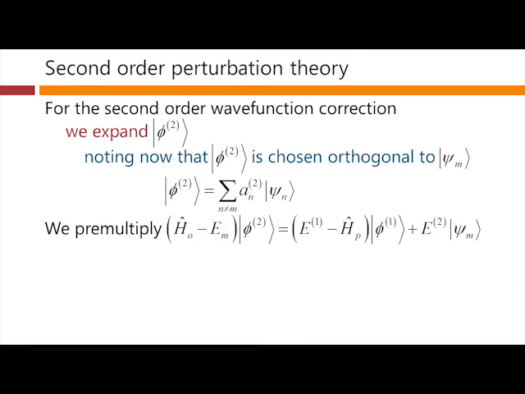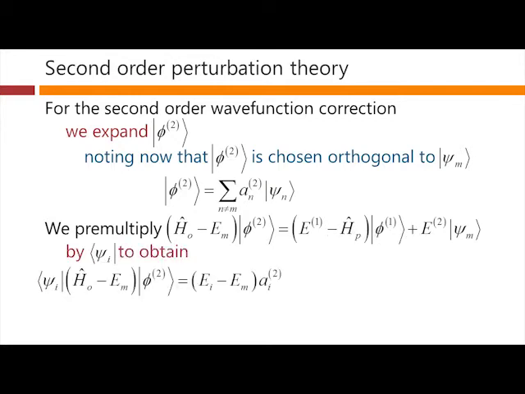Now we're going to pre-multiply our second order equation on both sides by psi I, to obtain on the left ⟨psi I| (H naught minus Em) |phi 2⟩. Well, of course, H naught operating on psi I here just gives us Ei. So again, this turns into Ei minus Em, and ⟨psi I|phi 2⟩ by definition is ai2.